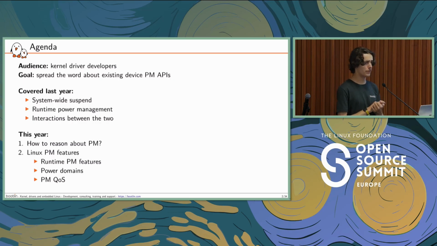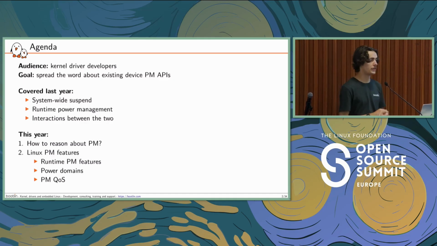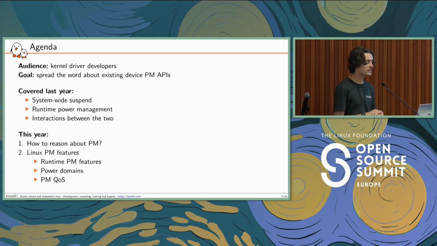Then I want to cover power domains, which is a broad term for a few features that we have inside the kernel, and again, quite a few things to know about. And then we'll talk about PM QoS, so quality of service, in this context inside the kernel and what is provided there. The thing I skipped, and what we'll start with, is how to reason about power management.